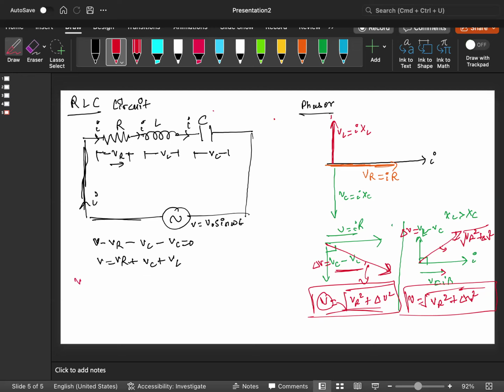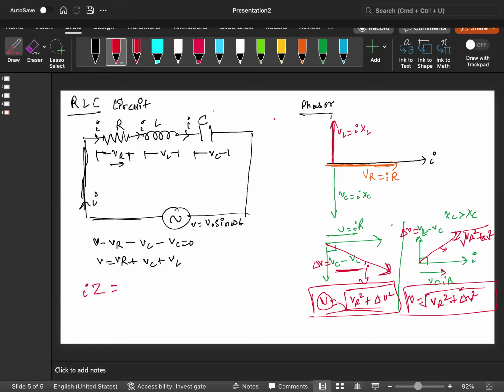So let's use this: V is equal to the square root of VR square plus delta V square. This V is the total, so we can write it as total current I times Z.